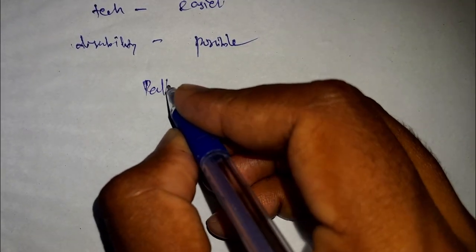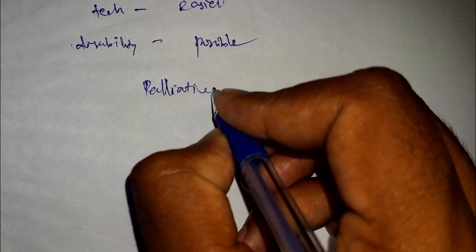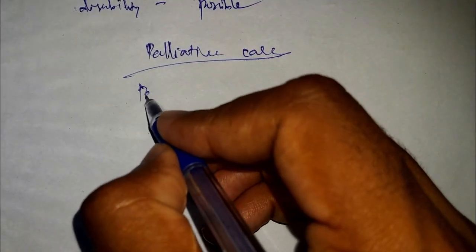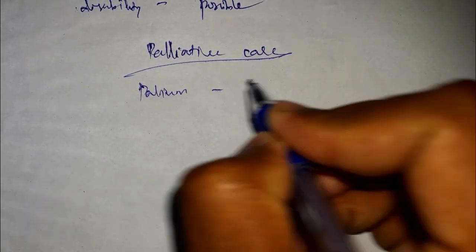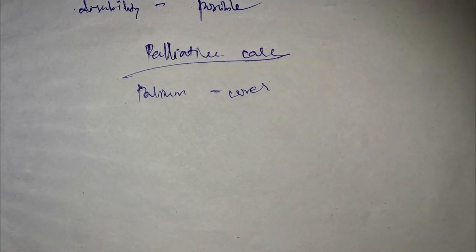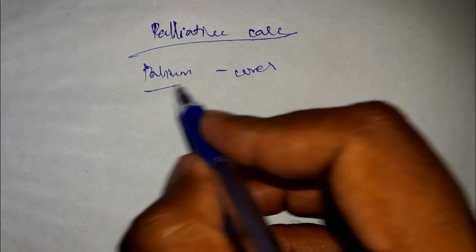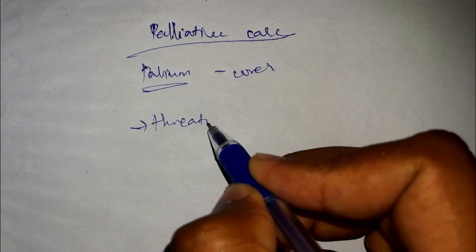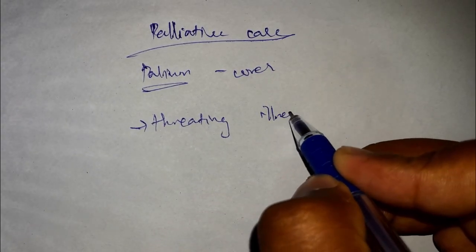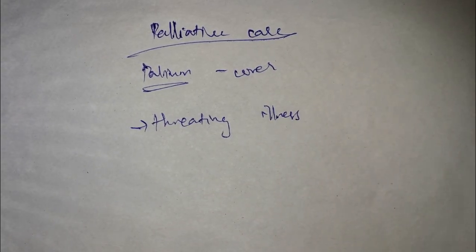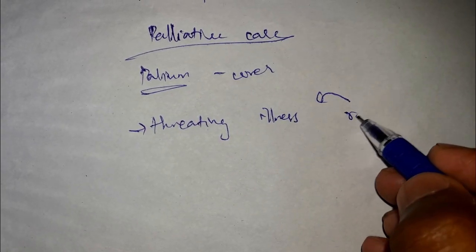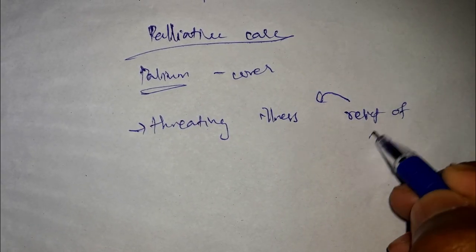We are going to talk about palliative care. Palliative care is derived from the word pallium, meaning cover. So in this we are going to cover. If the person has a life threatening illness, we have to relieve their suffering.